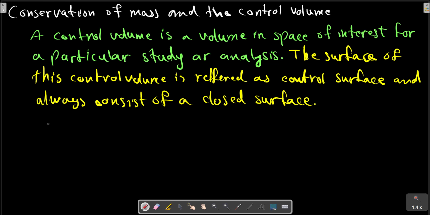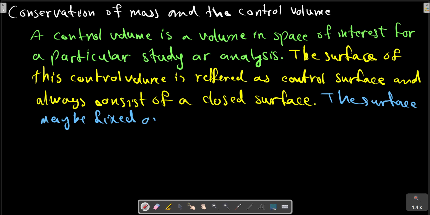The surface may be fixed, or it may move so that it expands or contracts.